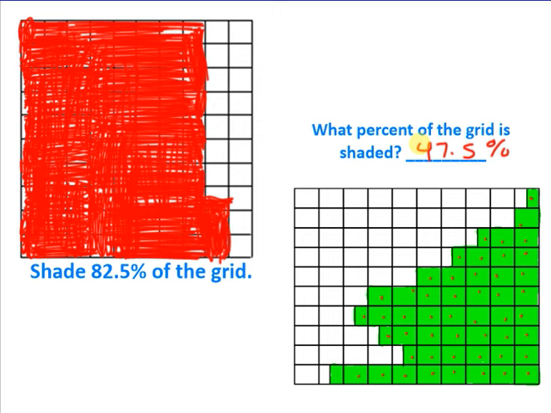Okay, you should have gotten 47.5%. So this guy was an extra 5.5%.